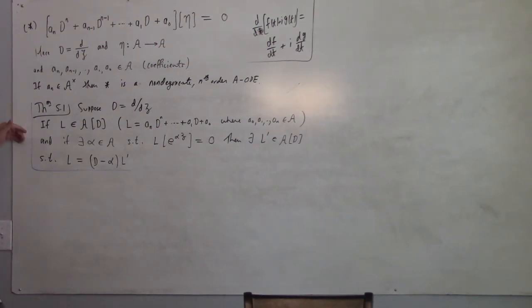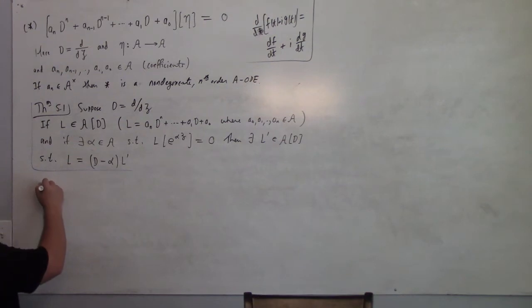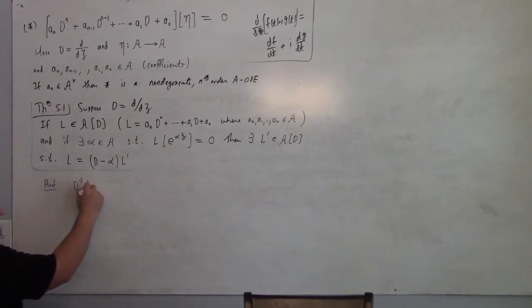Okay, so I'm gonna skip ahead to this little section right here where the differential operator acting on e to the alpha zeta is equal to 0. Then there exists an L prime, which is interesting to me that a differential operator has a prime. That's just notation. Okay, good. I blame Nathan.